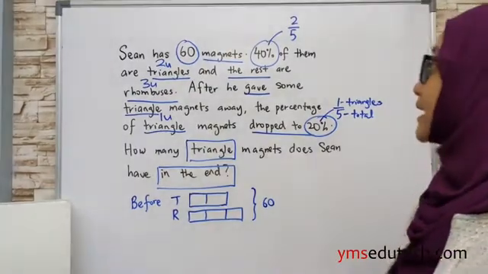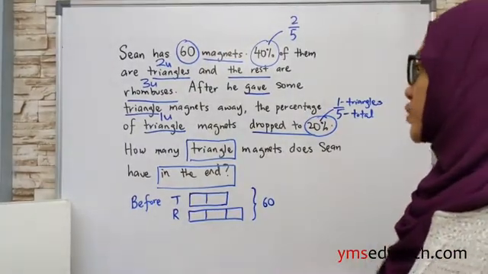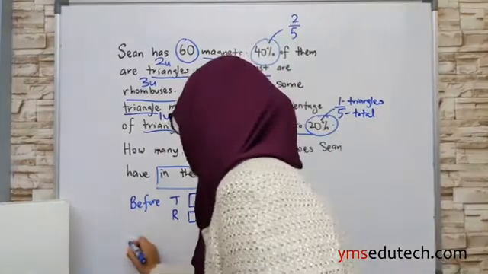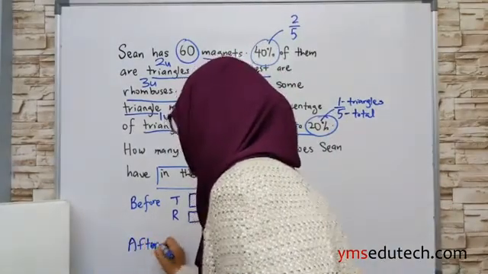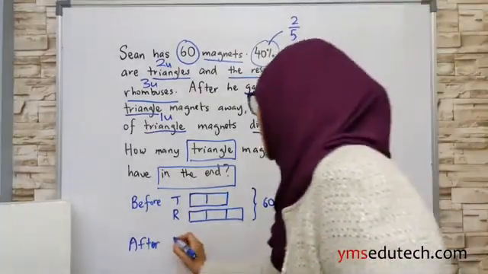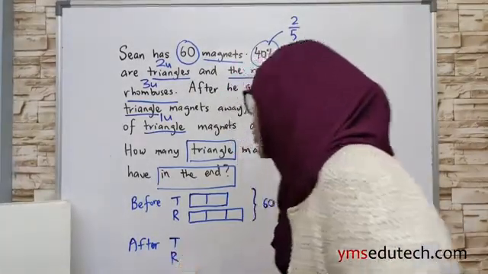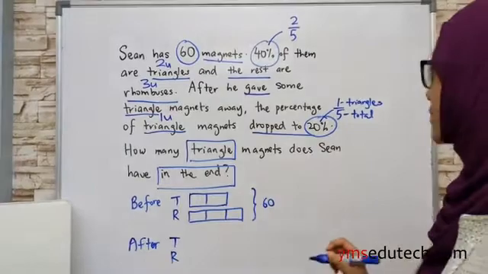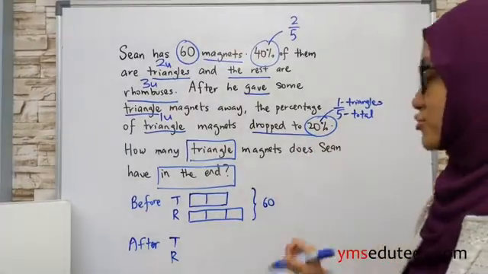Then some triangle magnets were given away. We do not know how many. But we know in the end, the ratio between triangles and rhombuses becomes 1:4.